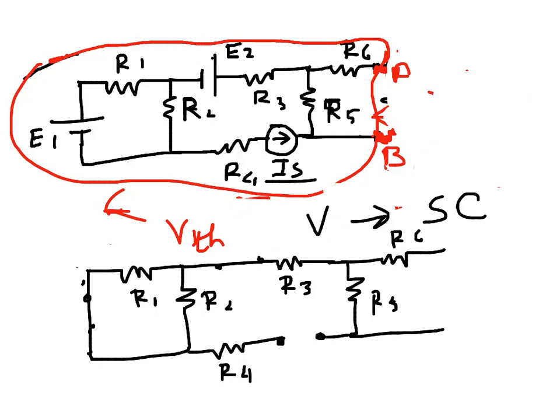Now the equivalent resistance from here is calculated. This equivalent resistance is R Thevenin. That's how it is calculated.